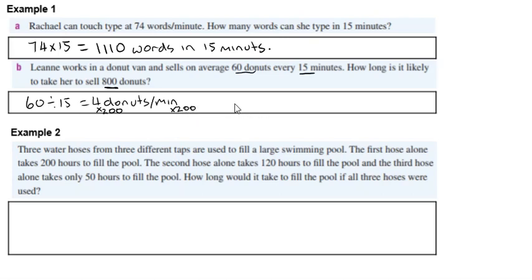So essentially it is 200 minutes it will take to sell 800 donuts. Minutes, which if you want to break that down into hours and minutes, it would be like 3 hours and 20 minutes.